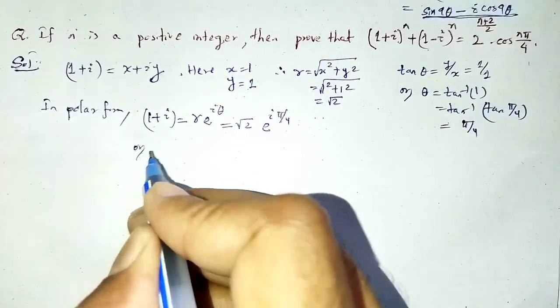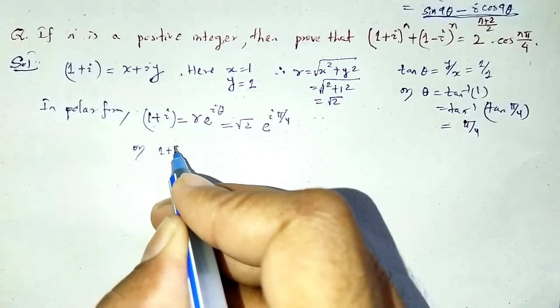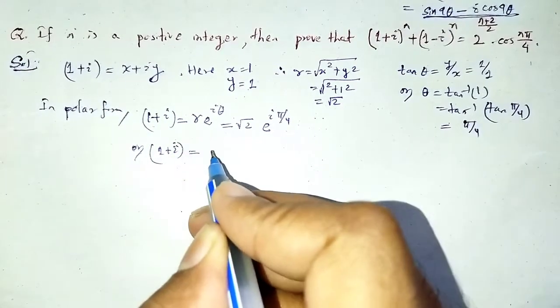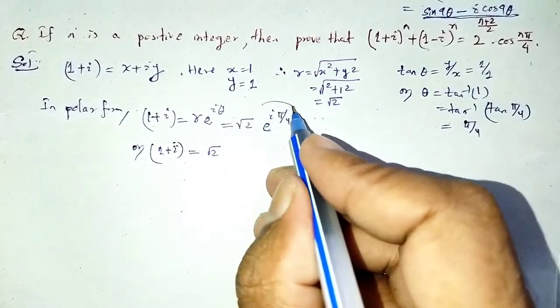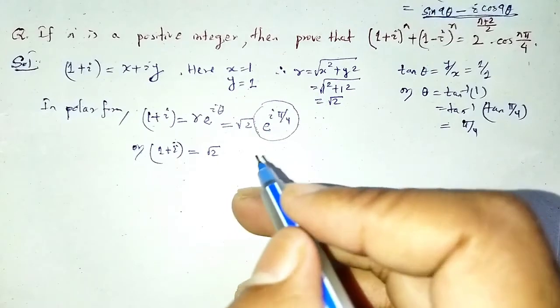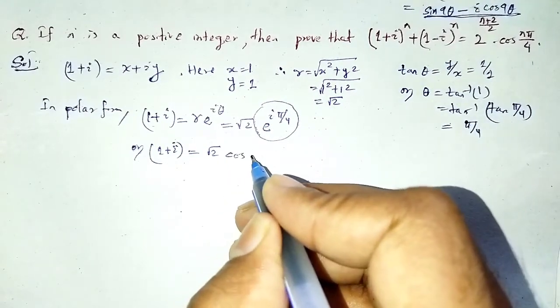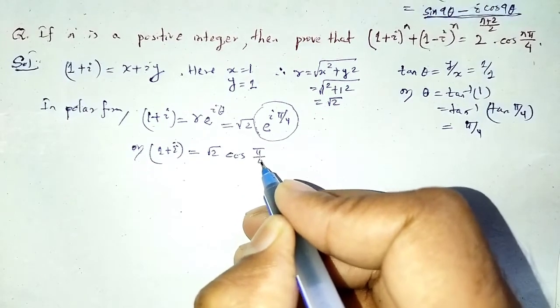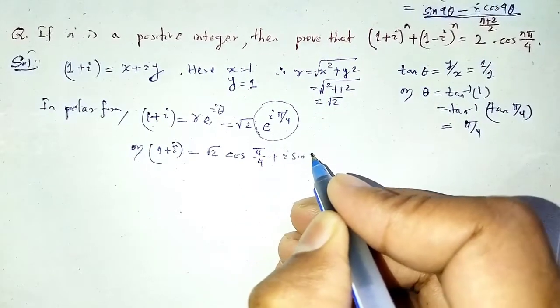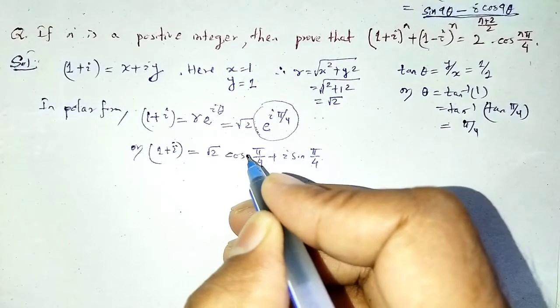Now expand as cos theta plus i sin theta form. We have root 2 into cos pi by 4 plus i sin pi by 4.